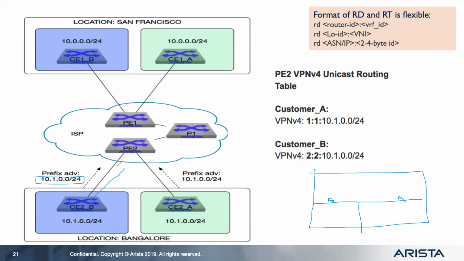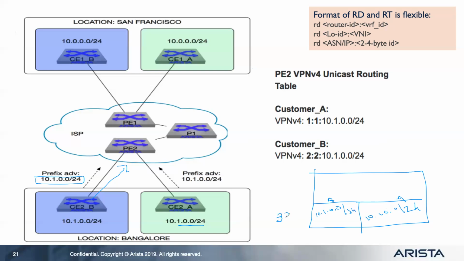I receive this route from customer B, so I will place that into my VRF B routing table, 10.1.0.0/24. Similarly, the same is placed here as we receive this from here, 10.1.0.0/24.